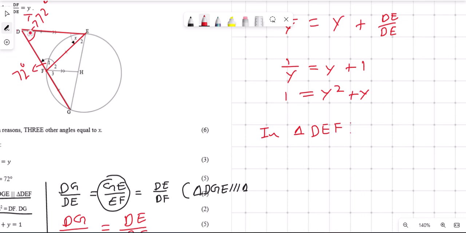In triangle DEF, we focus on angle D. Using the cosine rule, we can say that EF squared, using the cosine rule.